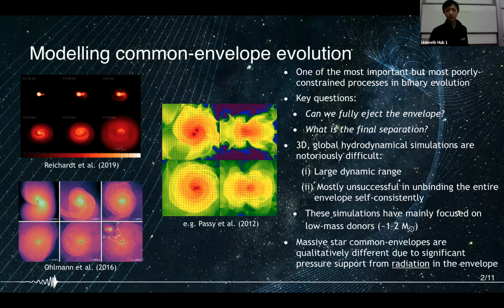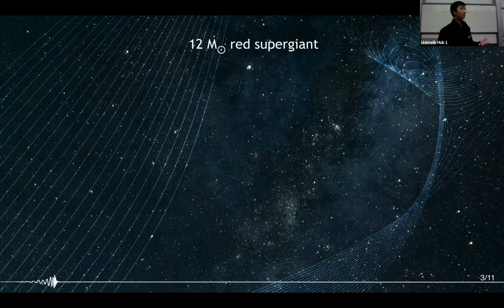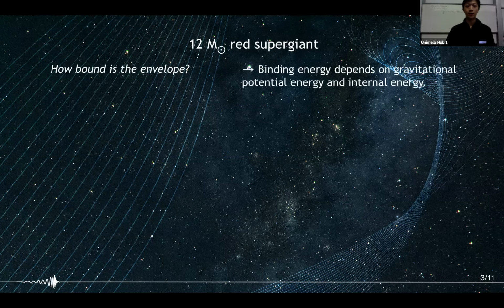But you might ask me, Mike, what's the big deal about just running a simulation with a larger star? The answer is that we expect massive star common envelopes to be qualitatively different. It's not just a heavier star, because, for example, there is radiation support in the envelope of massive stars. As an example, we can look at a 12 solar mass red supergiant here and ask how bound is the envelope, how easy is it to eject this envelope in a common envelope interaction.